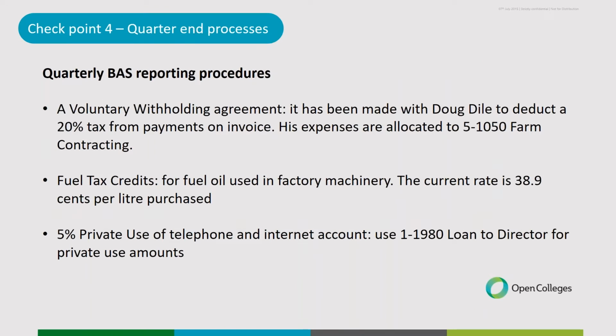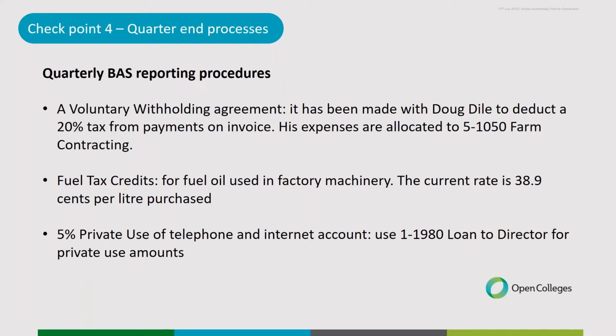Checkpoint 4 is quarter end processing, which is the voluntary withholding. Capsicum has Doug Dial, a contractor, but at the moment his payment has been recorded using wages. So you will have to reallocate the expense account to farm contracting, and this is part of the assessment.